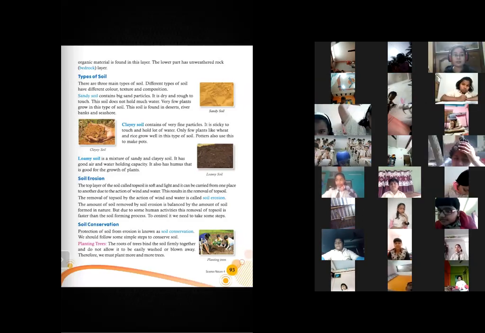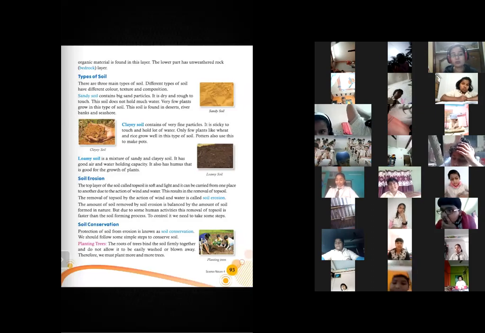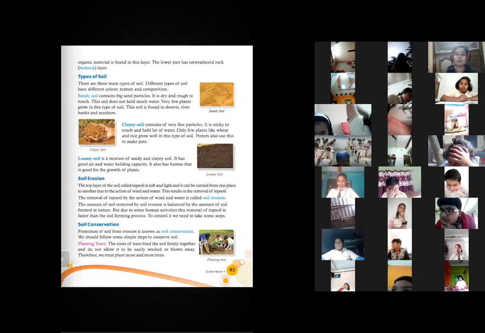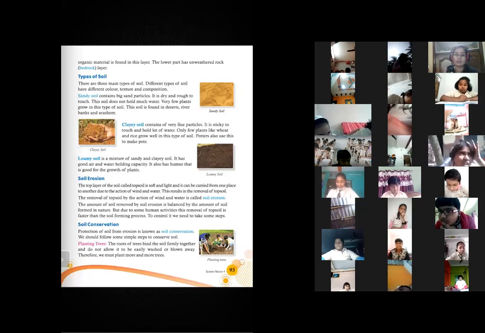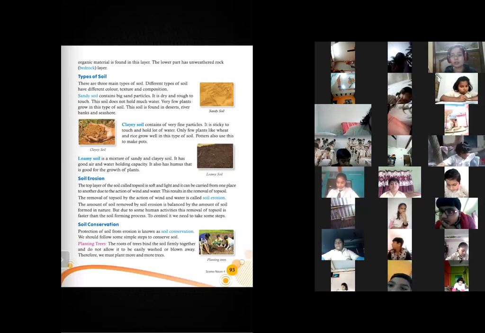And the soil that is made up of sand doesn't hold too much water. If you just pour water on it, all the water will drain away. So the soil itself cannot hold the water. Very few plants grow in this type of soil. Naturally, if the soil cannot hold water, plants will not be able to make their food if there is no water.